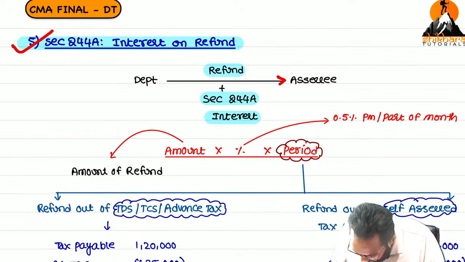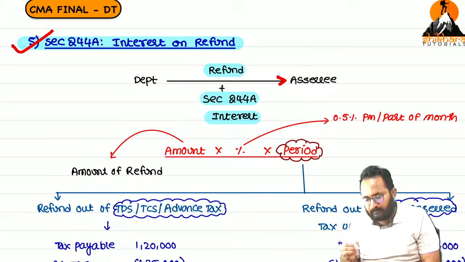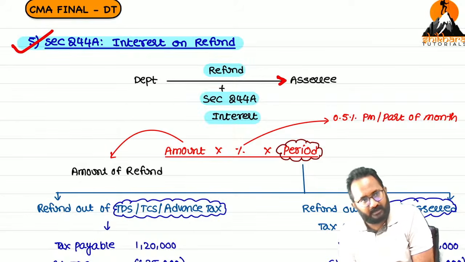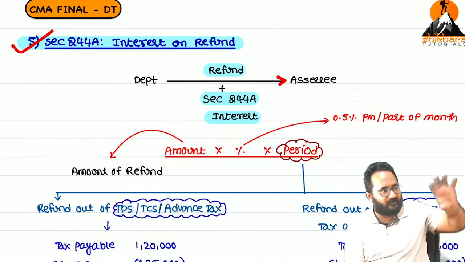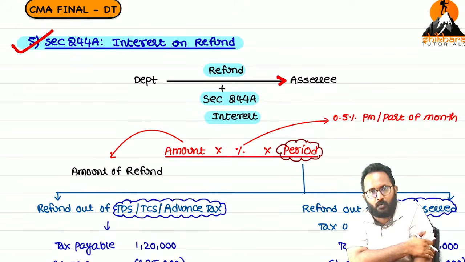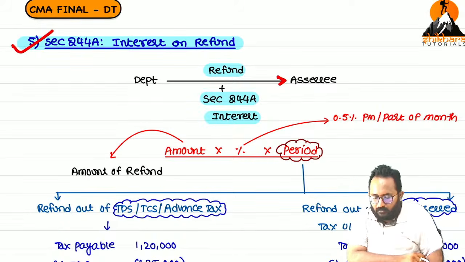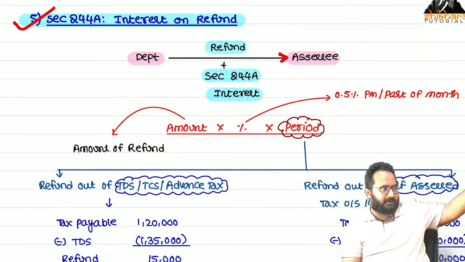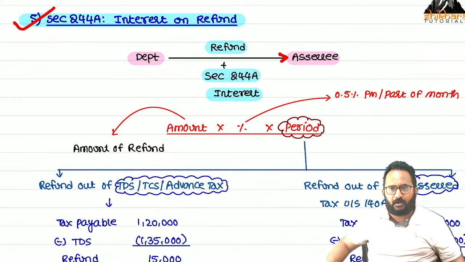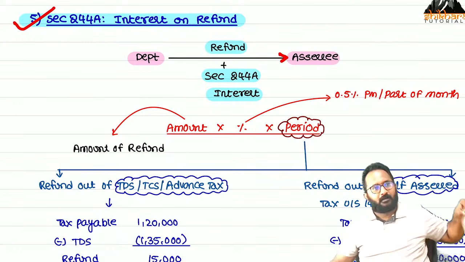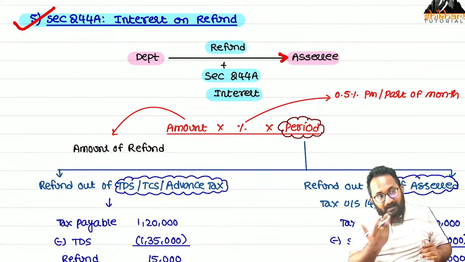Who is paying the interest here? The department is paying the interest on refund to the SSC. They will give the refund, and along with it they will give the interest on refund also. Clear? But this is the reverse provision to 234D, right? In 234D, who is paying interest to whom? SSC paying interest to the department. Here, the department is paying to the SSC.